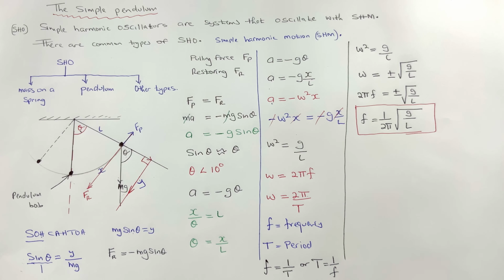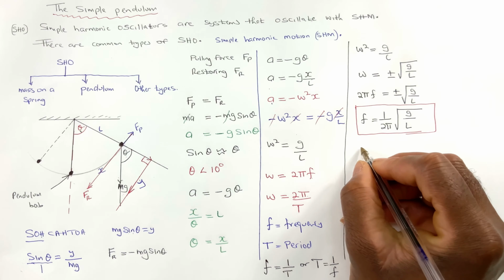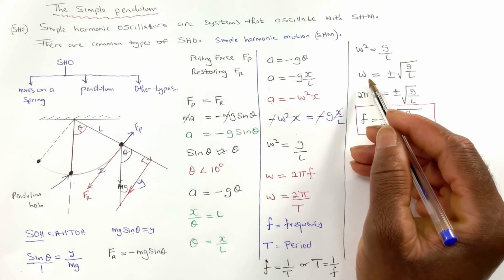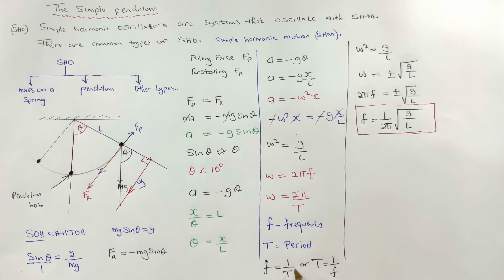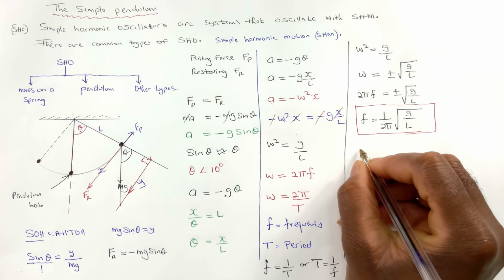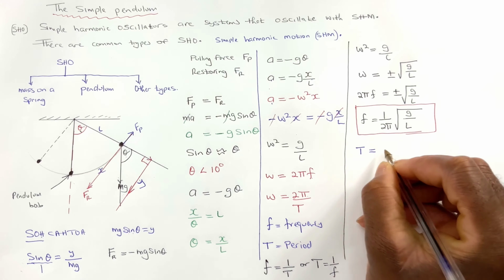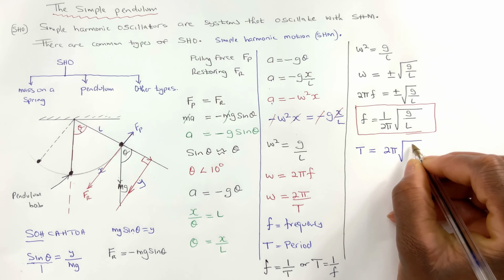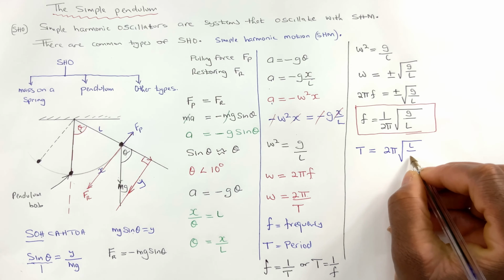Then I can write the period equation as well, because period is 1 over frequency. So I can just replace it here, and the period will be equal to 2 pi root L over g.